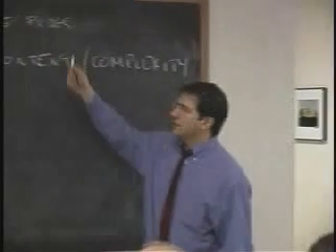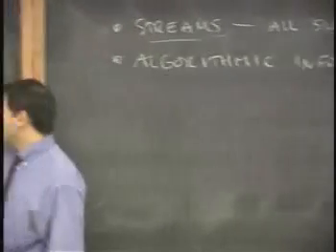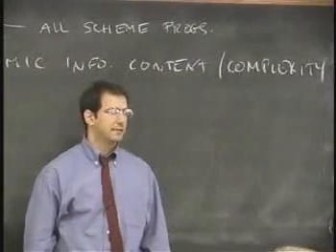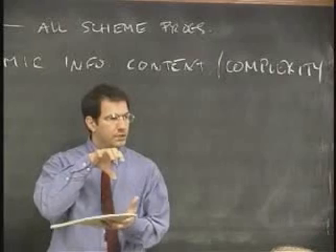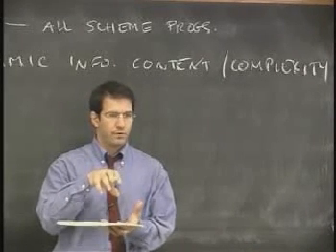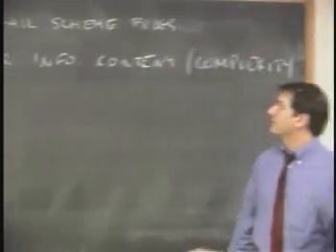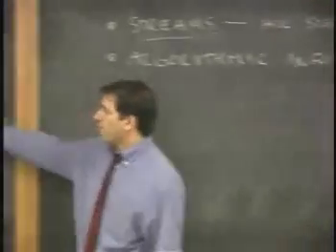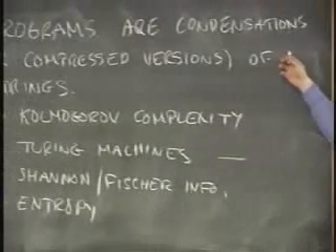Streams are a nice, small way we saw to encode this kind of thing here. In the example that I gave at the beginning of recitation yesterday, we were talking about condensing small system descriptions for long behaviors, as we saw. And then algorithmic information and content and complexity is the application of Kolmogorov complexity to our programs and a way of interpreting our programs.